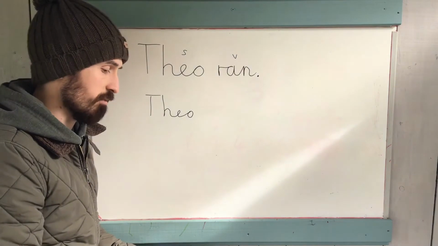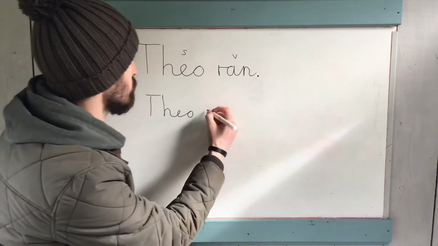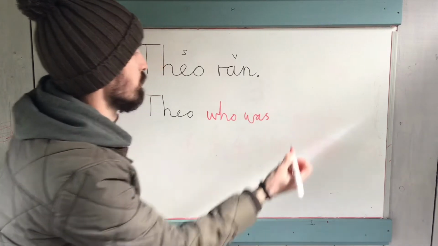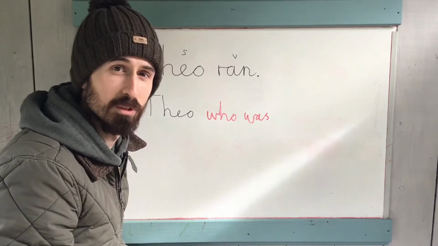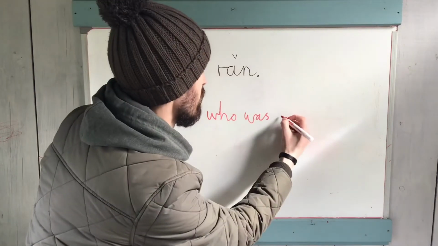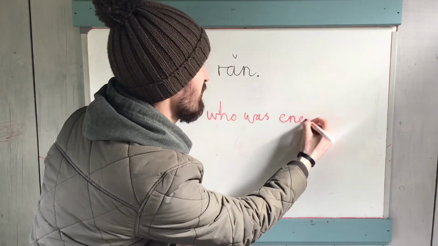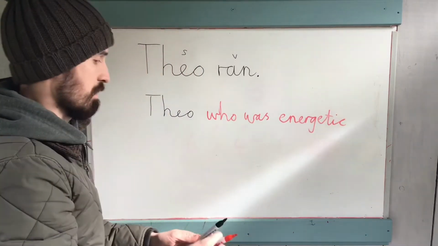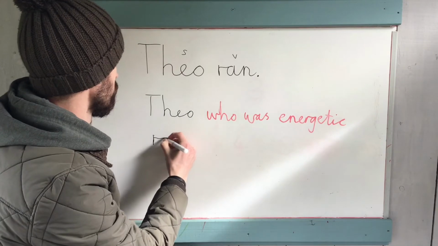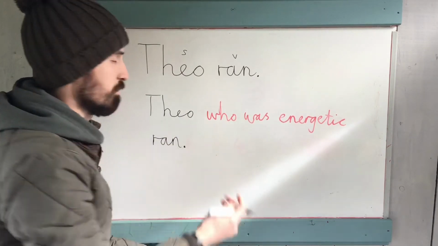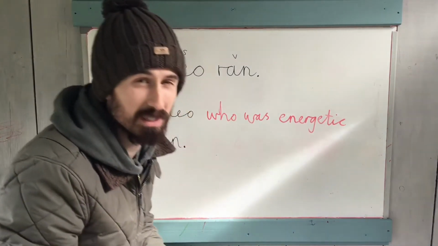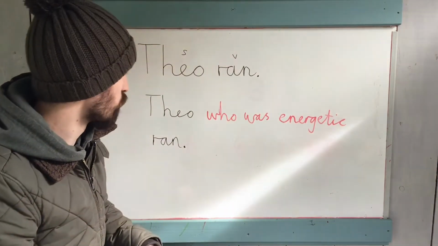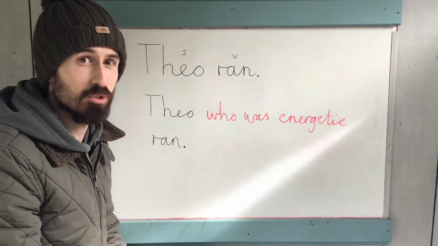So we could say, for instance, Theo, who was energetic, ran. Now, obviously, we could be improving that as we go. We could be adding an adverb in at the end to give us some further information about how he ran. But this is just one example of how we can extend that sentence using a relative clause.